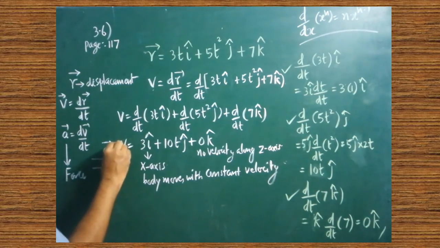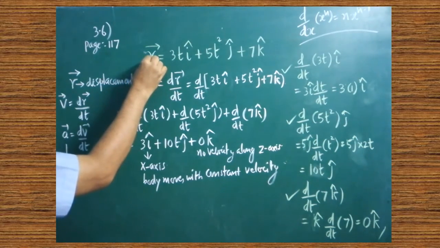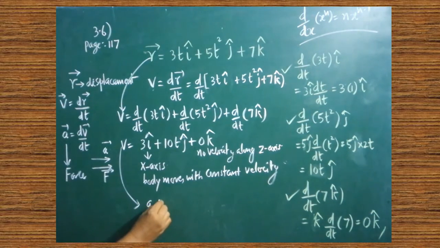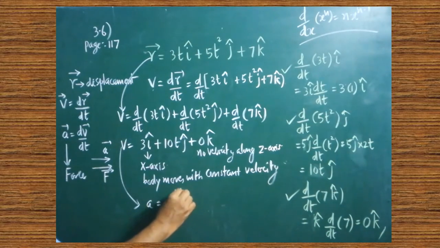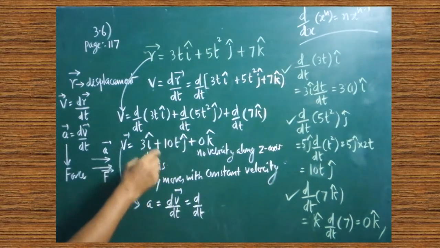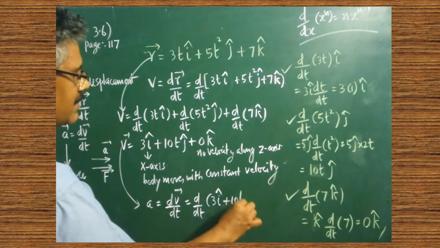Now we have found the value of v. From it we are able to get the equation for acceleration. How will you calculate the acceleration? Position vector to velocity, velocity to the next step, acceleration. Acceleration is equal to dv vector divided by dt. If velocity changes with respect to time, you will get acceleration. d by dt of the final equation, 3i cap plus 10t j cap.